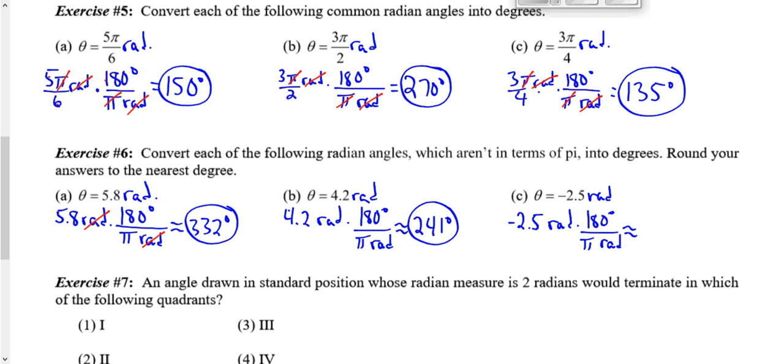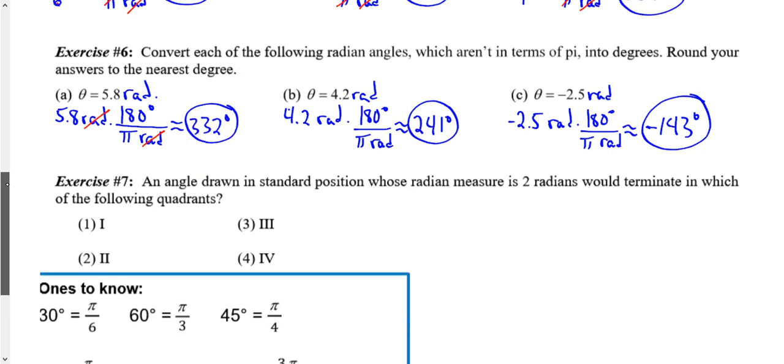I got negative 143. You got it right. Negative 143 degrees. Okay? That one would be going clockwise from the positive x-axis. I think you might be getting a grip on this.